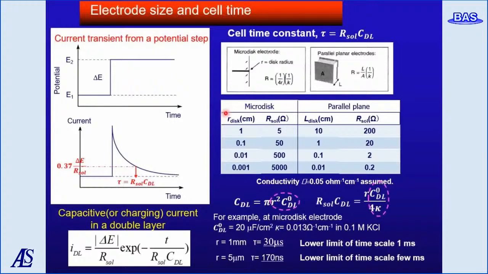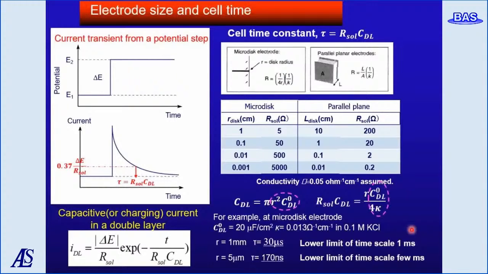In a microdisc electrode, as the diameter becomes smaller, the resistance becomes larger. Double-layer capacitance increases with the square. Therefore, the cell time constant strongly depends on the electrode size.